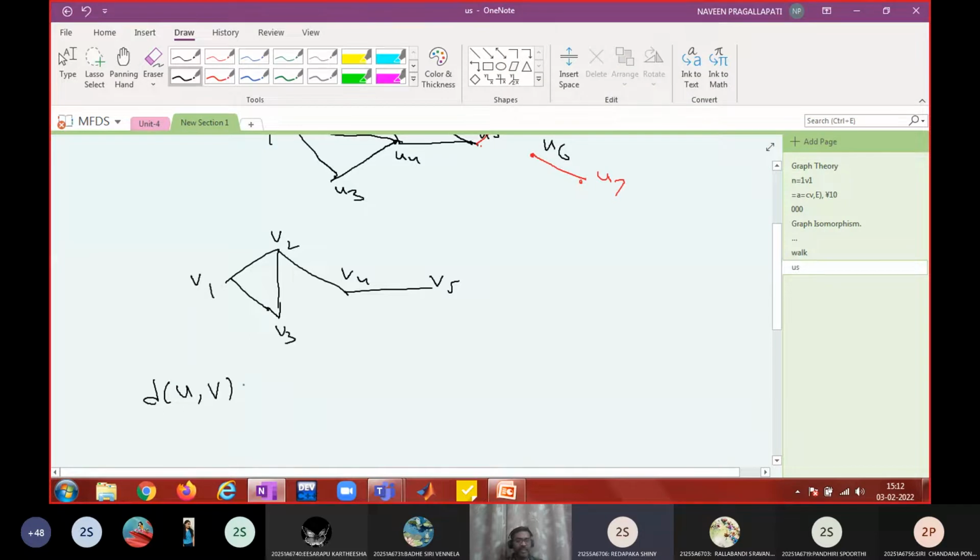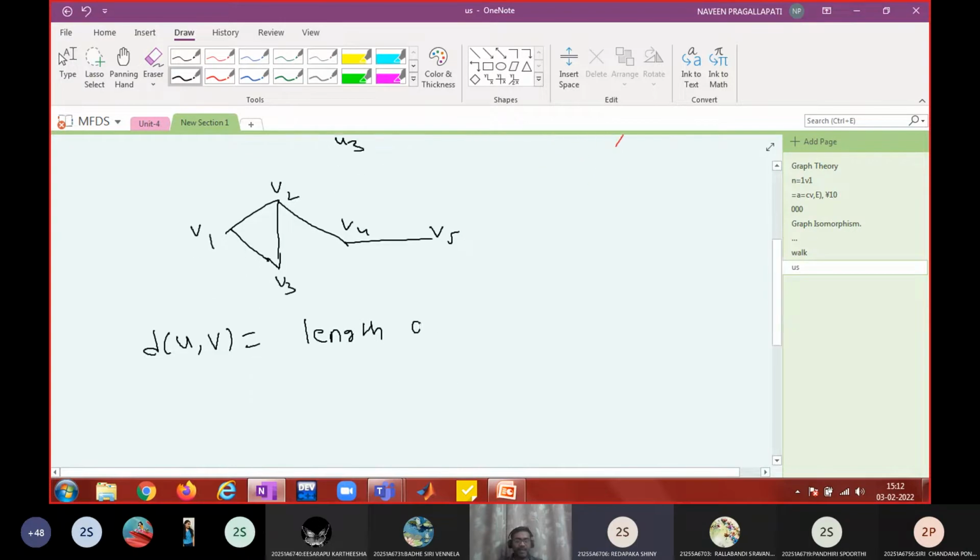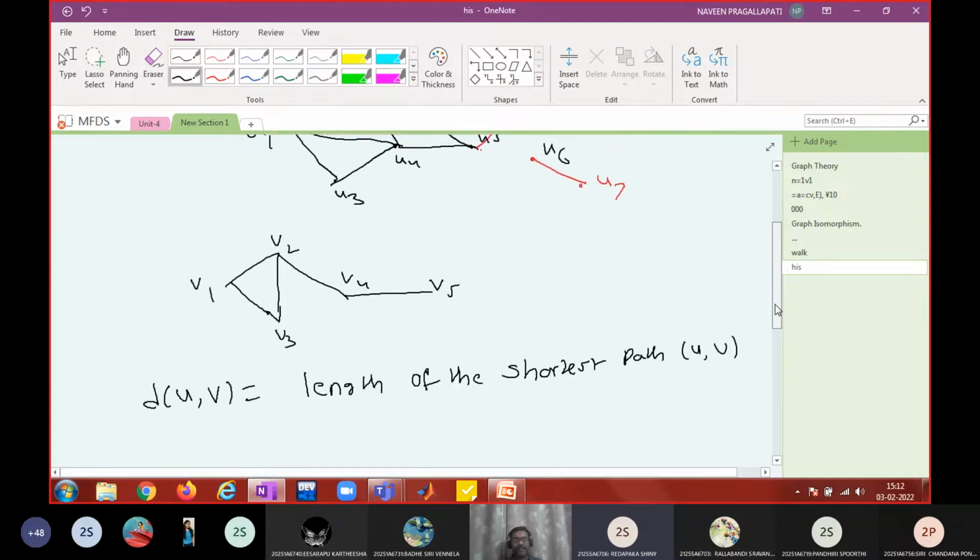Now, what do you mean by distance between two vertices? Distance between two vertices is the length of the shortest path between u and v. There can be several paths from u to v, and each path will have a length.